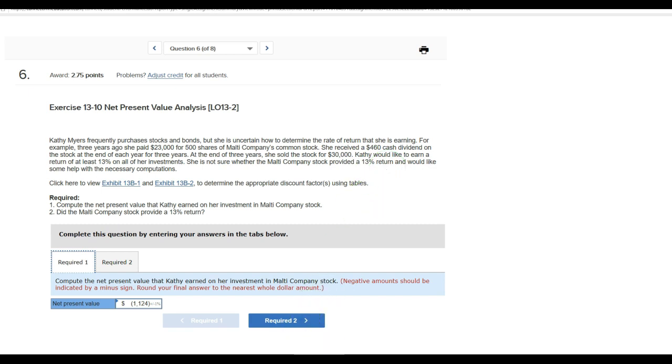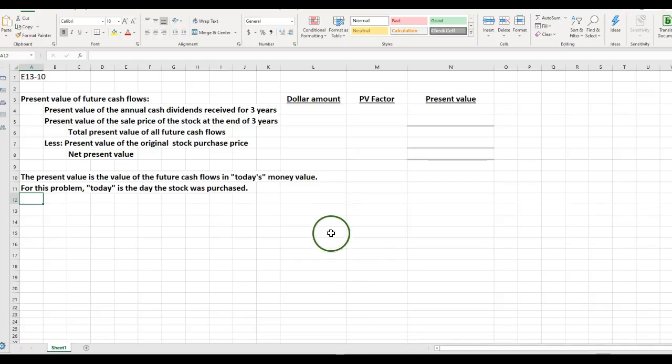Alright, so what I did to help calculate this is set up an Excel file. I went ahead and typed all this information in to save some time. So what we're going to do is find the present value of the future cash flows. We need to find the present value of the annual cash dividends received for 3 years, and the present value of the sale price of the stock at the end of 3 years.